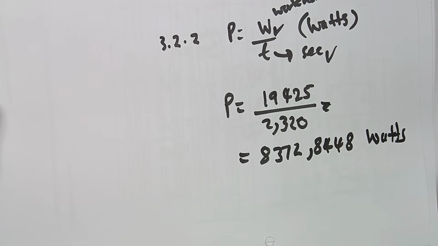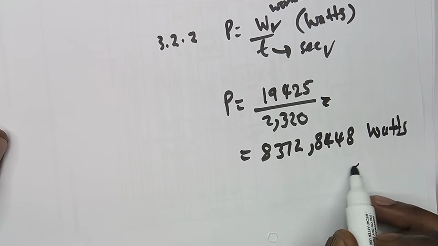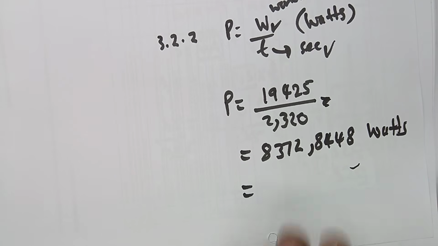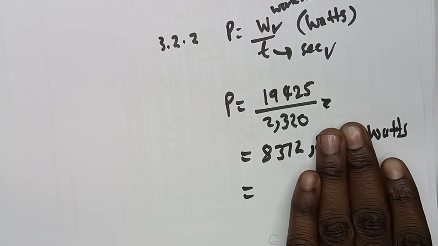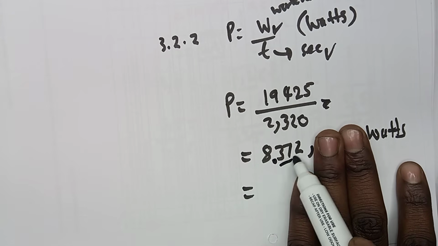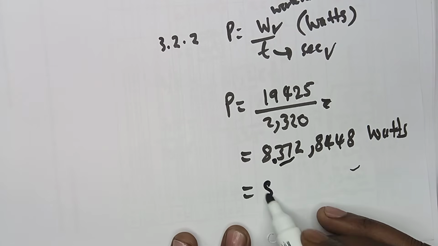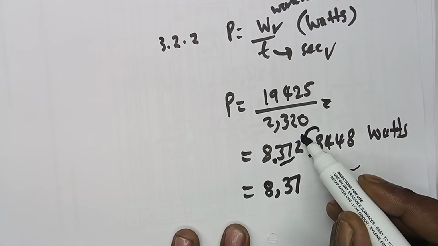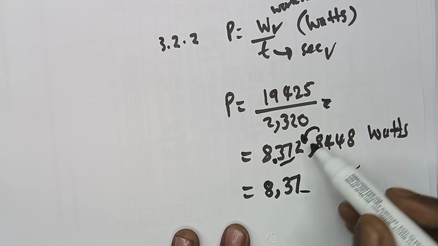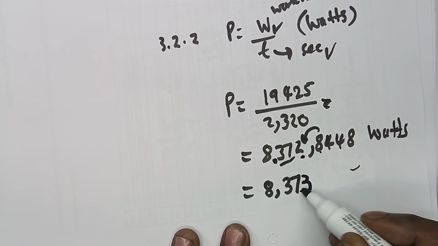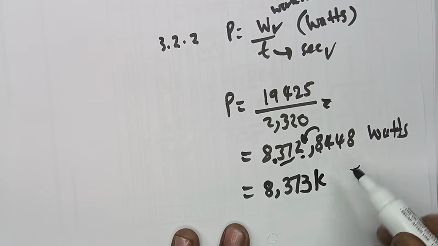As you know that power is measured in watts, so you can actually round it off here, or you can put it maybe to kilowatts, because remember I said kilo from this, because it's going to be like this, 3 digits after the comma. So it's going to be 8,37. So since we are now having 3 digits after the comma, the 8 can change this 2 into 3, so it's going to be like this, which is in kilowatts.